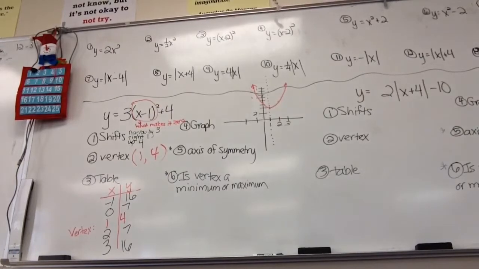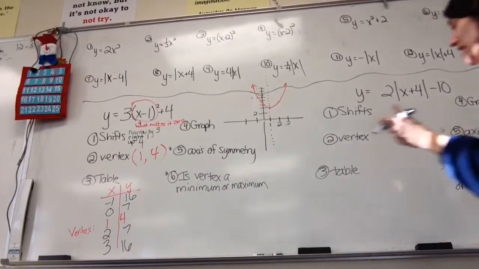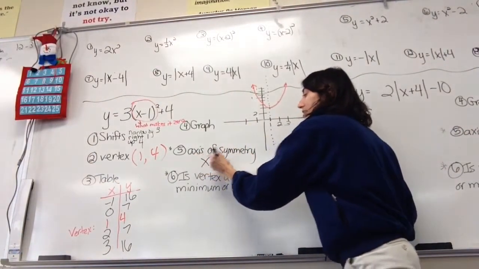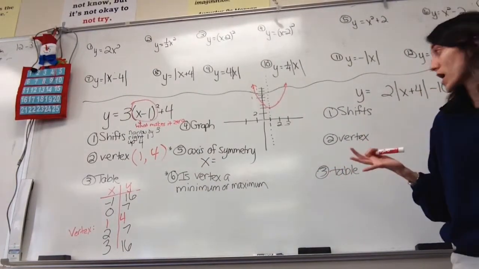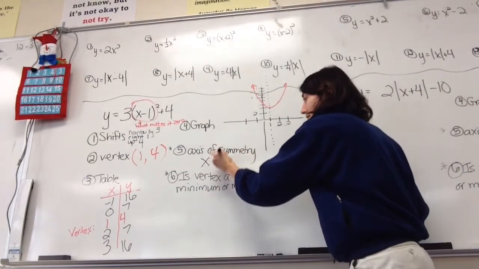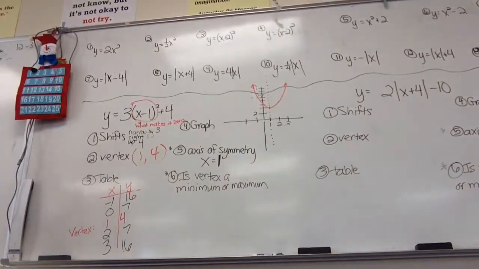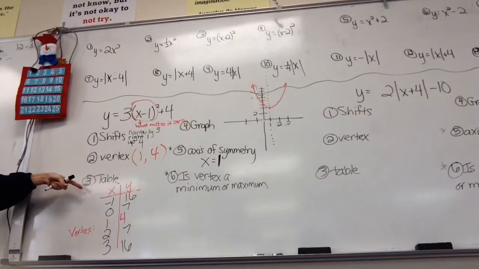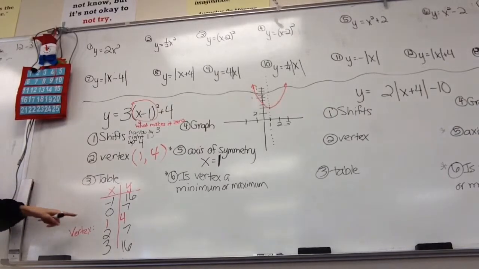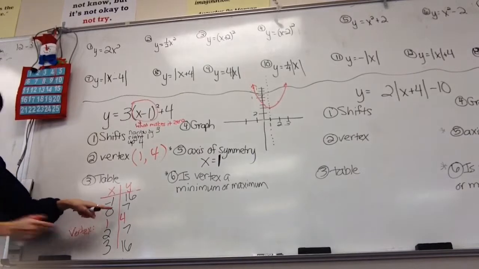Okay. Axis of symmetry is an x value. x equals 1. How could you guys tell that from the table? Emma? Since one's right in the middle and the other two are near each other.